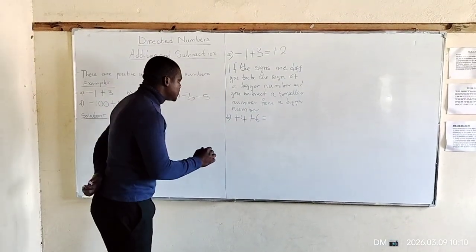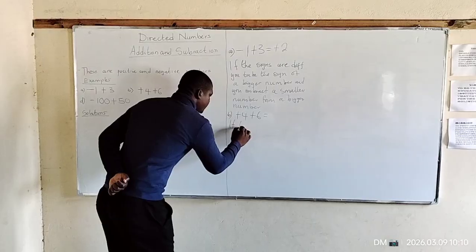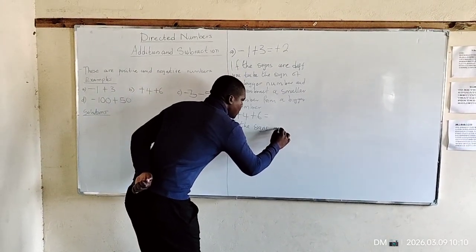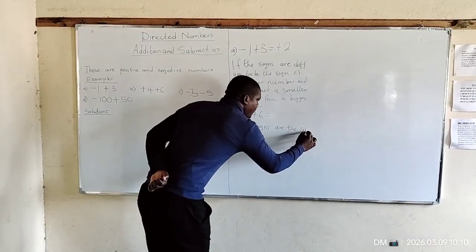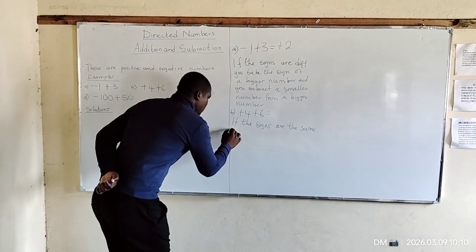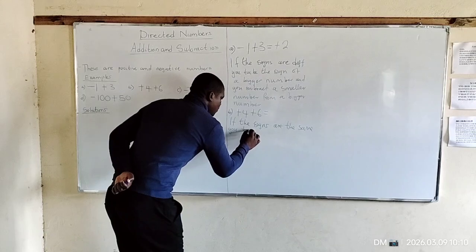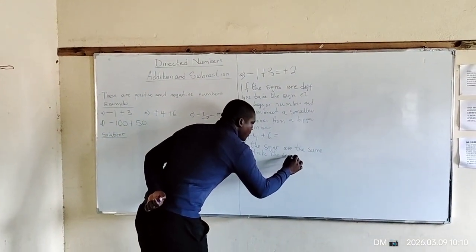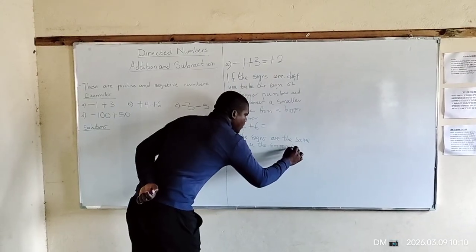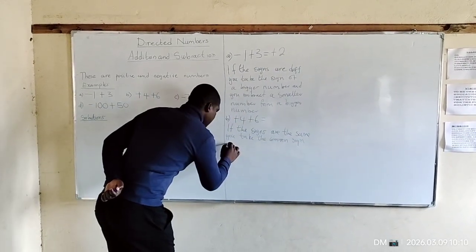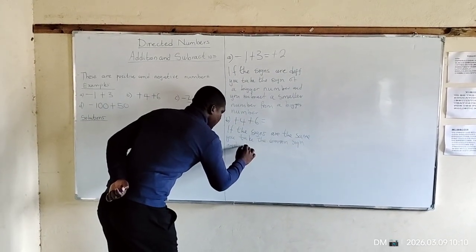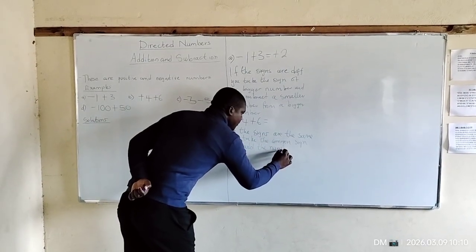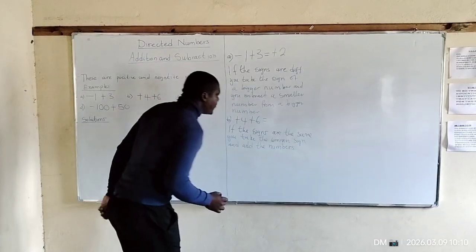So the statement which says if the signs are the same, you take the common sign and add the numbers.